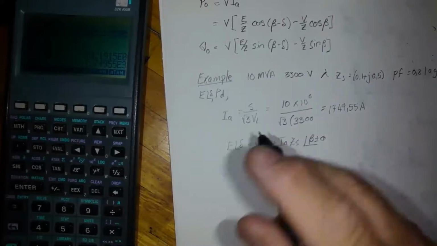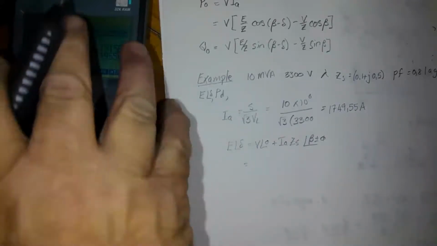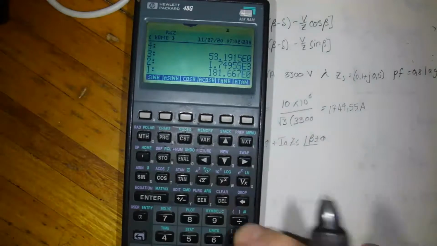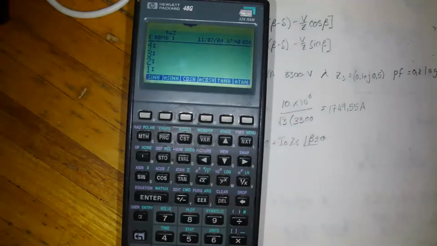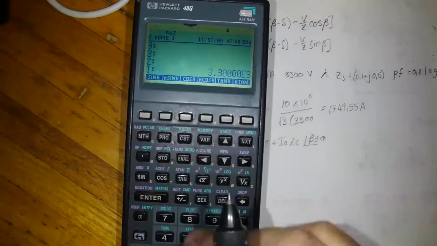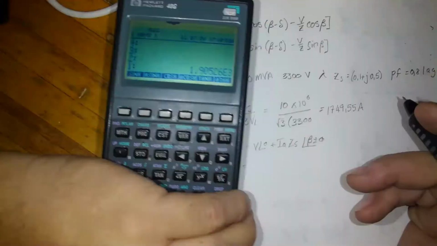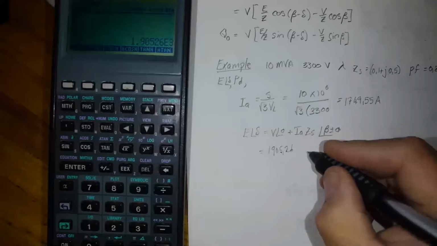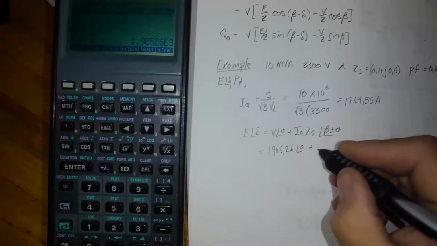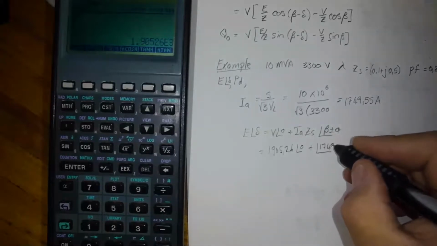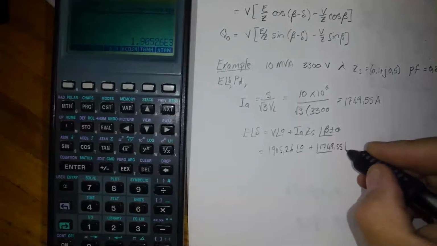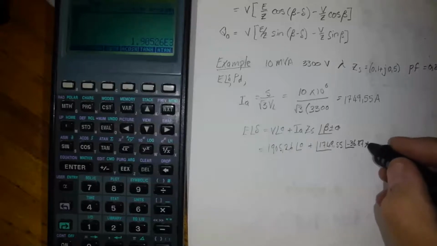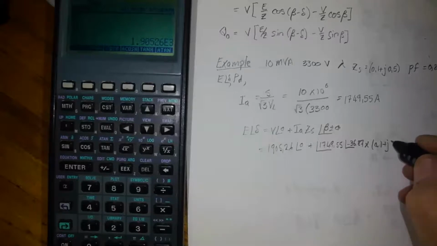So V is 3300 divided by square root 3. That'll give us 1905.26 angle 0, plus 1749.55 at minus 36.87, times the impedance, which is 0.1 plus J 0.5.